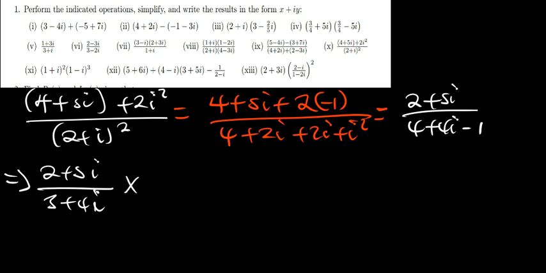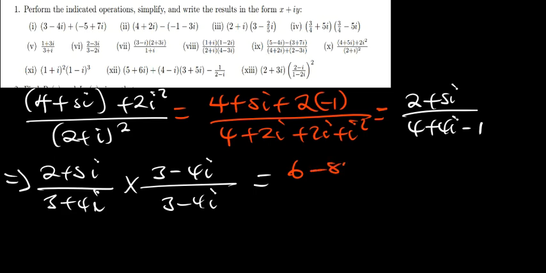Now I can get the conjugate of the denominator. So it will be 3 minus 4i, 3 minus 4i, like that. So what are we going to have? We'll have 2 times 3 is 6. 2 times negative 4i is negative 8i.